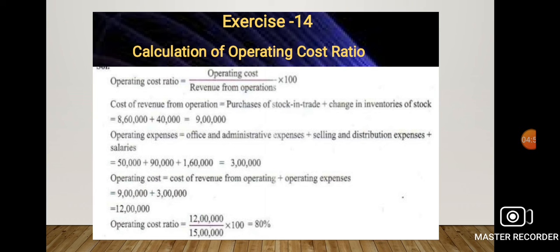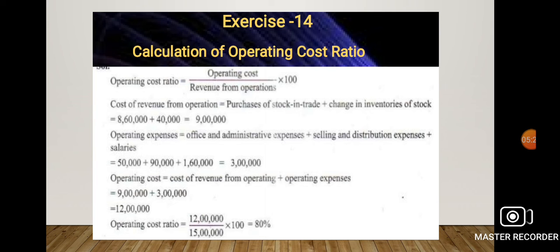Then cost of revenue from operations means purchase of stock in trade plus change in inventories of stock in trade plus direct expenses. Direct expenses means wages, rupees 8,060. Purchase of stock in trade plus change in inventories of stock in trade 40,000. Totally rupees 9 lakhs. This value is known as cost of revenue from operations.